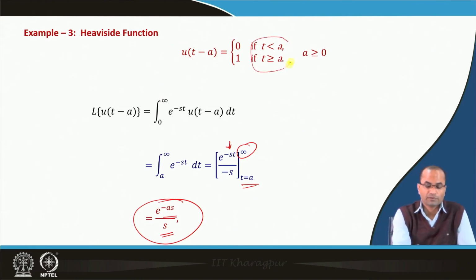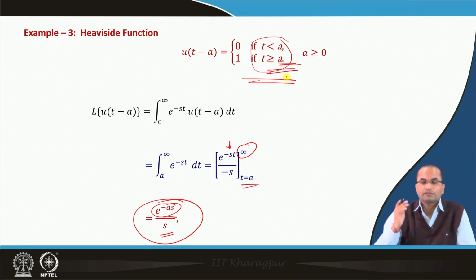When a is, for instance, 0, this is exactly the case of the Laplace transform of 1, because when a is 0 we have e^0, which means the Laplace transform will be 1 over s, because in the range 0 to infinity the function is 1.